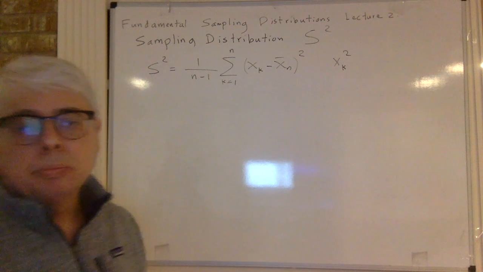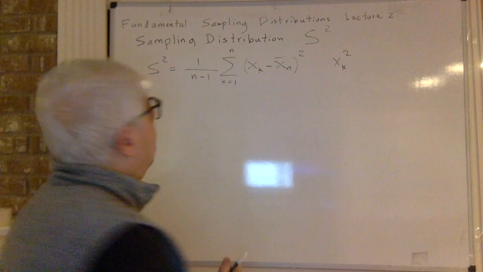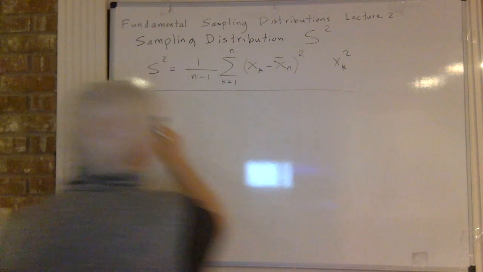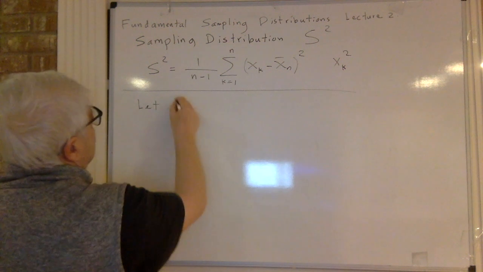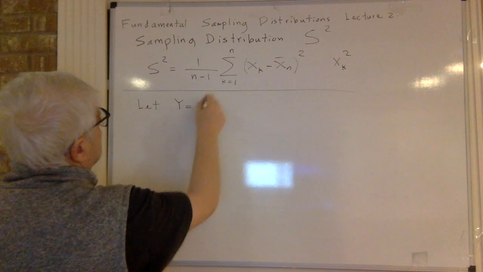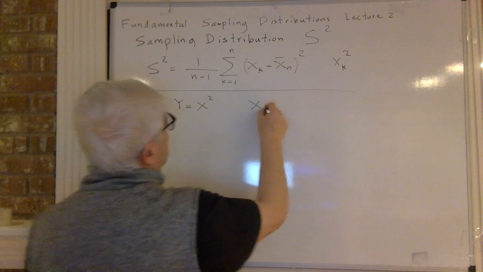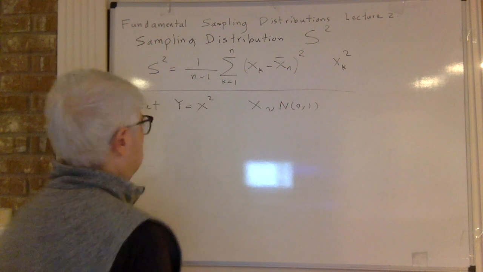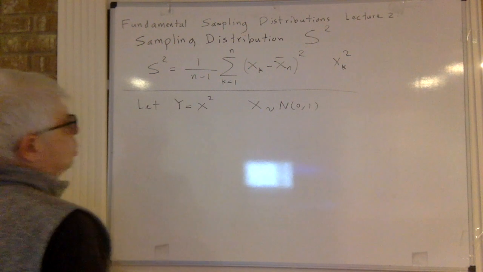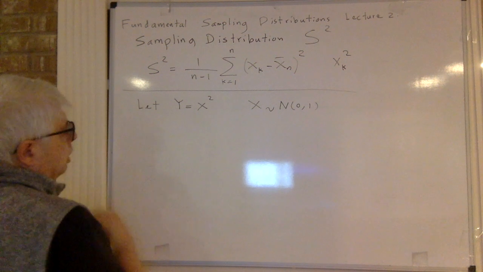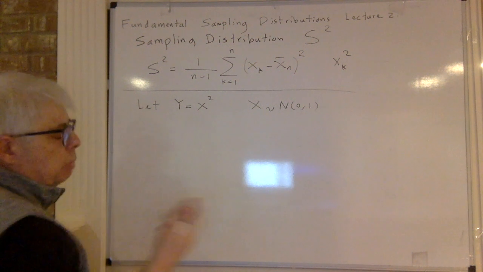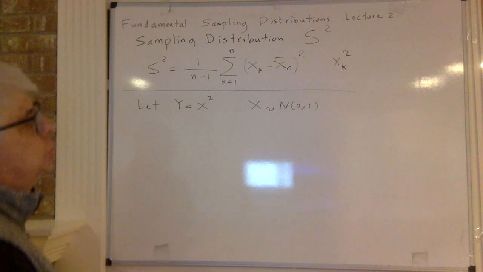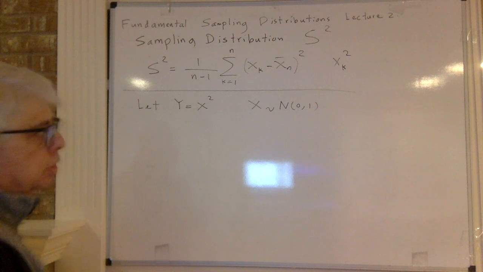So let me find it. Let y be x squared, and x is standard normal. Okay. So in order to find the distribution of y, there are two things we usually find: one is the PDF and the other one is the CDF.